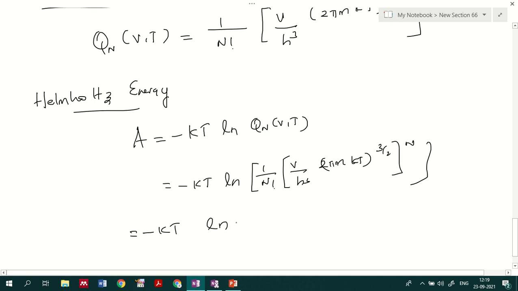So the logarithm I can separate out: ln of (V by h cubed)(2 pi m kT)^(3/2) minus ln n factorial. In this fashion I can write this first of all.